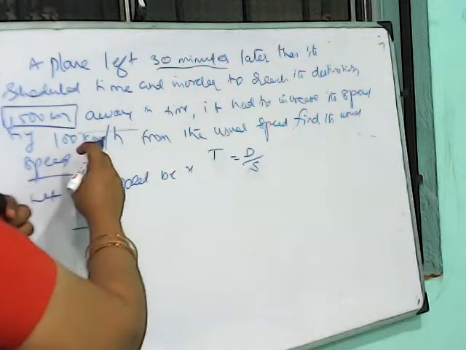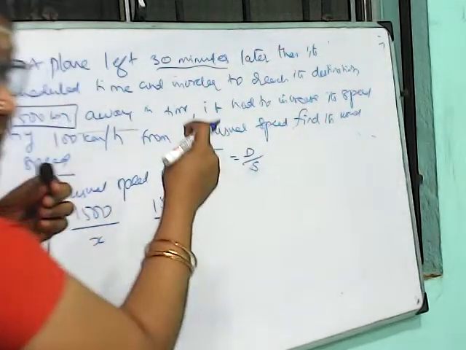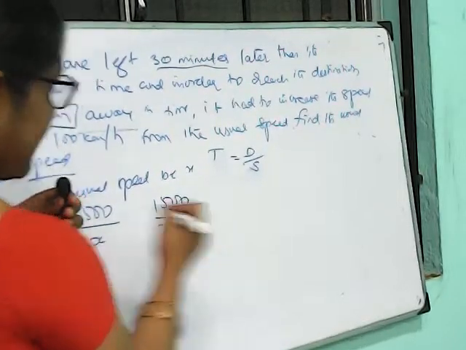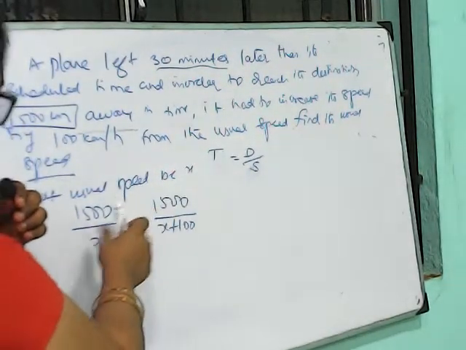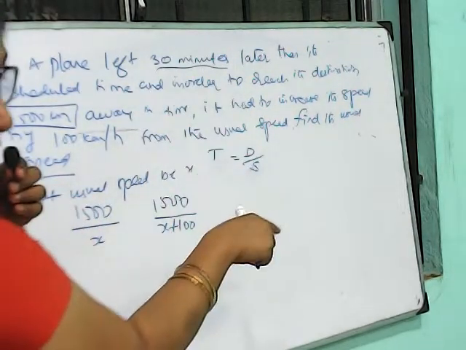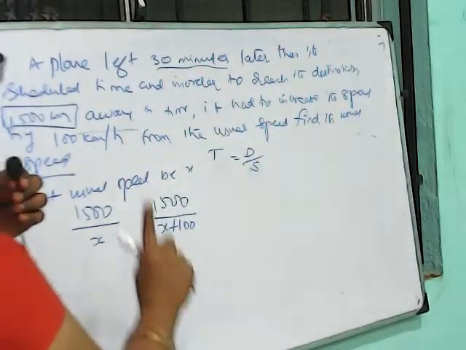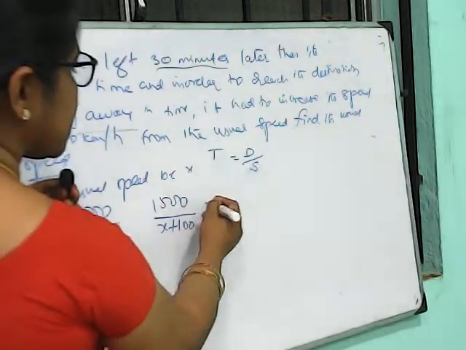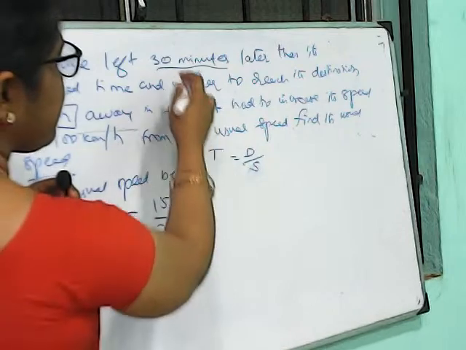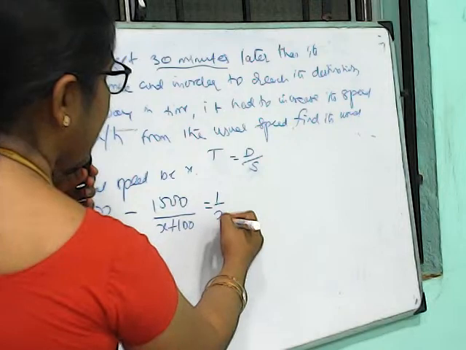To cover the same distance, I am going to increase my speed by 100 kilometers. At this speed I lag by 30 minutes, and to adjust this I am increasing my speed by 100. So what will be the difference? It is 30 minutes. If I subtract, my adjustment time will be 30 minutes, which is nothing but half an hour.